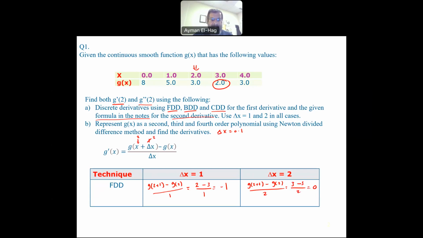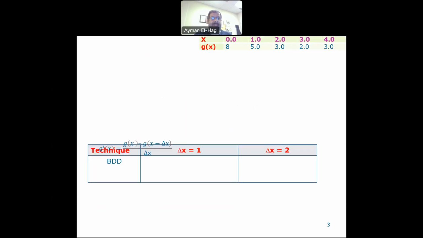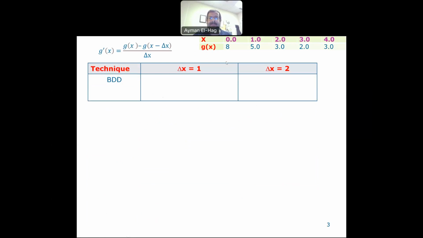Now let's move to the second approach, which is the BDD, or the backward divided difference. In the backward divided difference, this is the formula that we can see, and this is g prime of x. So we will just come here and start to substitute. We have the data here as well. So g prime of x would equal g at 2 minus g at 2 minus 1, which is g of 1, divided by delta x, which is equal to 1.